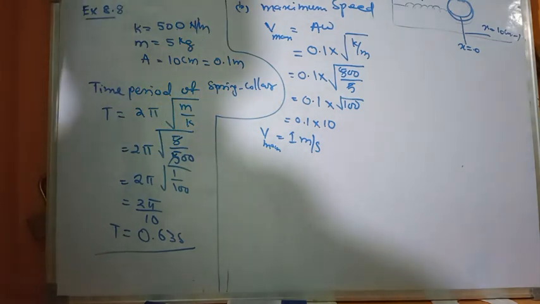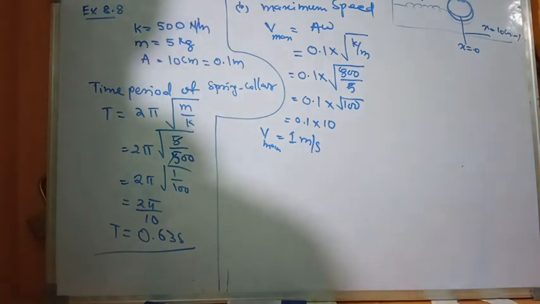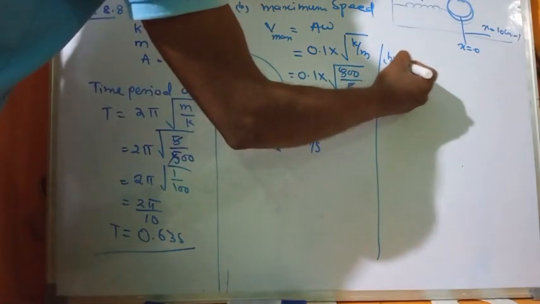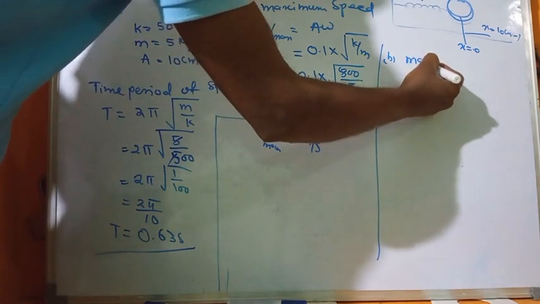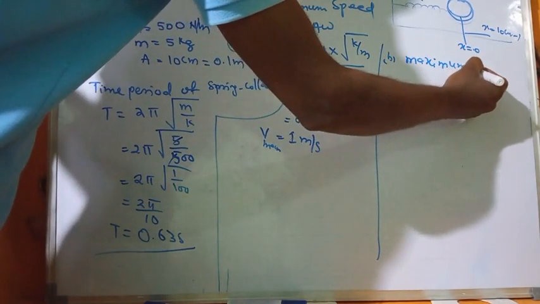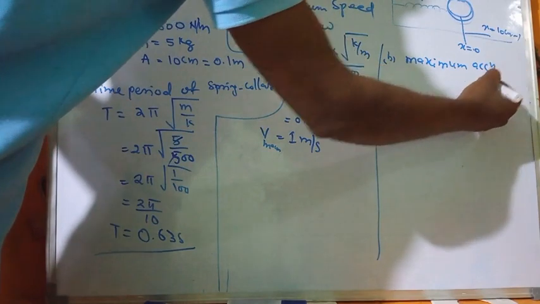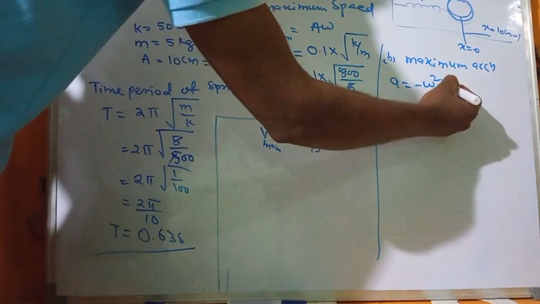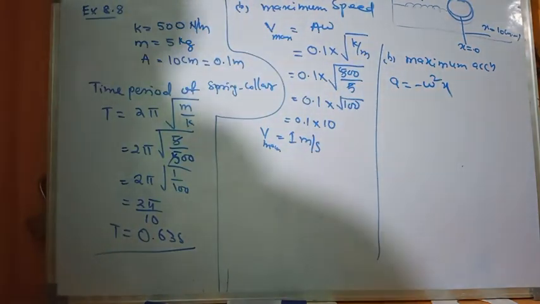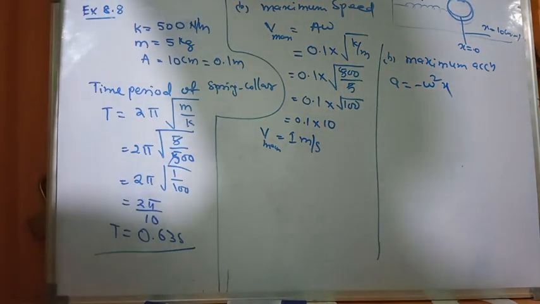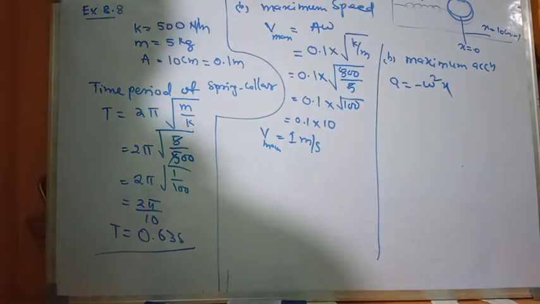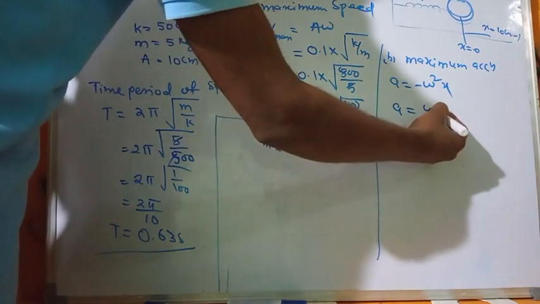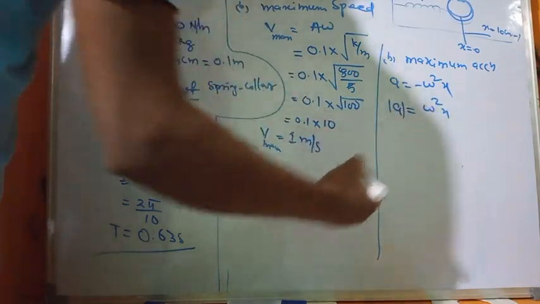Then the second one is maximum acceleration. According to our simple harmonic definition, a is equal to minus omega square x. So the magnitude is a equal to omega square x.